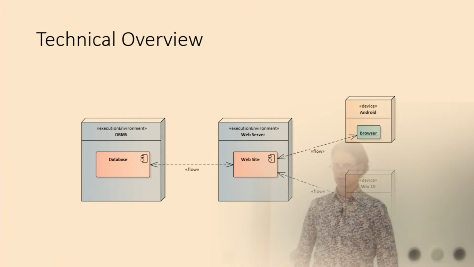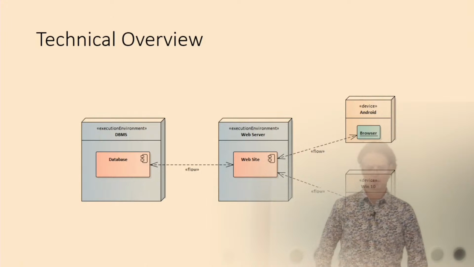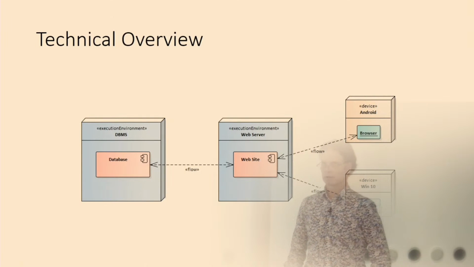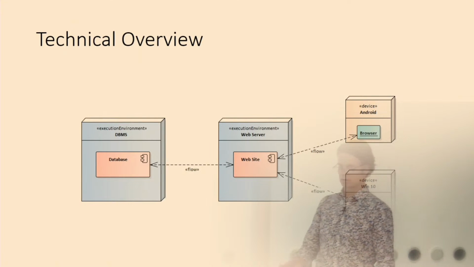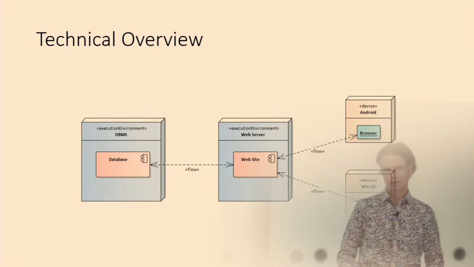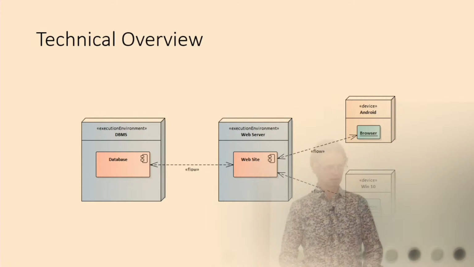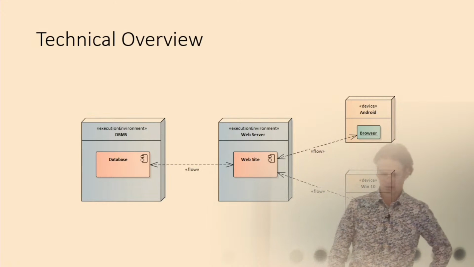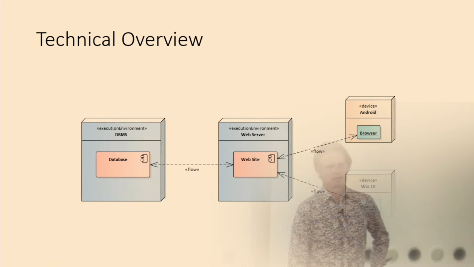So I think that this is what you are thinking of right now. In the middle, you have your web server. On your left-hand side, you have your database management system containing a database. And to the far right, you have your clients, which might be a browser inside an Android phone or a Windows 10 machine. No Macintoshes here. Sorry for that.